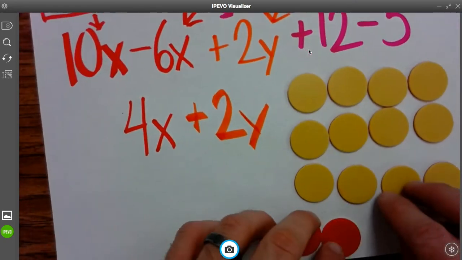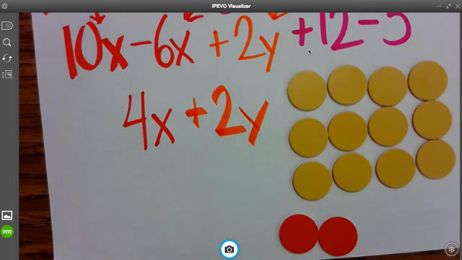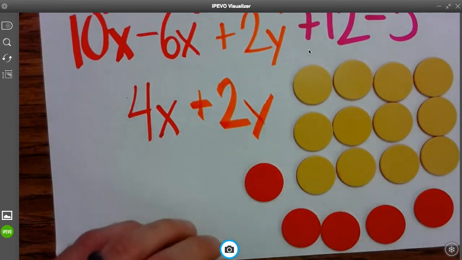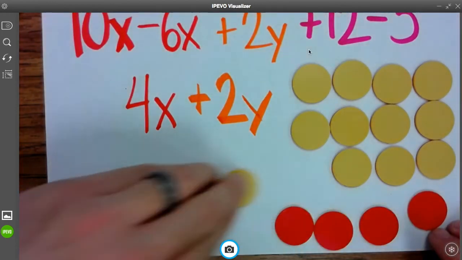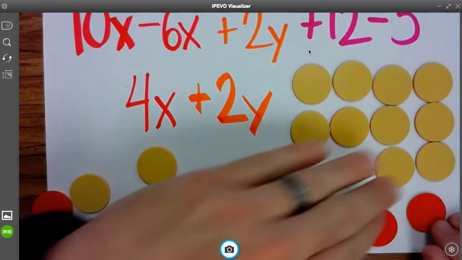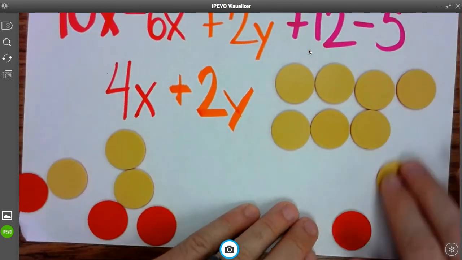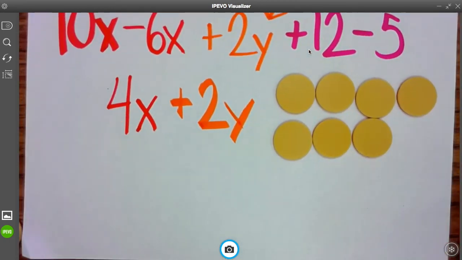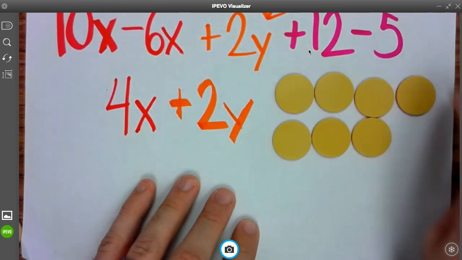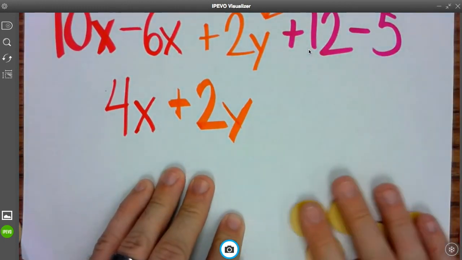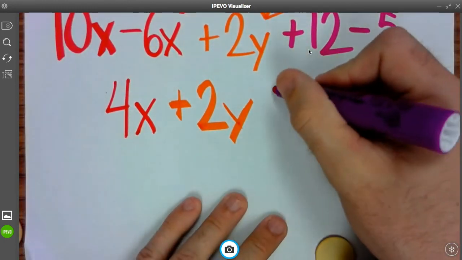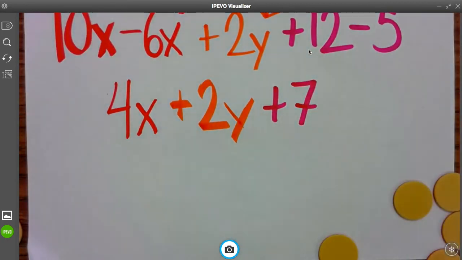So I have 5 red tokens. And of course, every red one is going to cancel a yellow. So these cancel, these cancel, these cancel, these cancel, and these cancel. So all I'm left with are 7 positive tokens. So I'd have a plus 7 on the end of that.